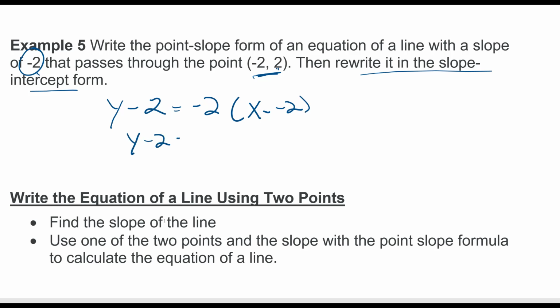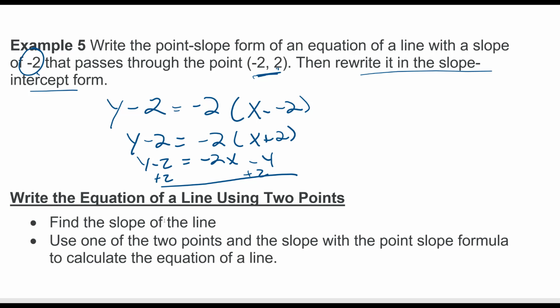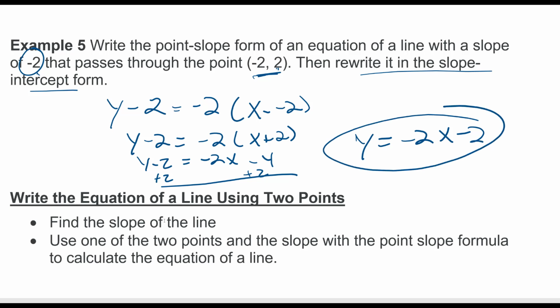So y minus 2 equals negative 2 times x plus 2. y minus 2 equals negative 2x minus 4. And then we add 2 to both sides. So y equals negative 2x minus 2. That's our slope-intercept form.